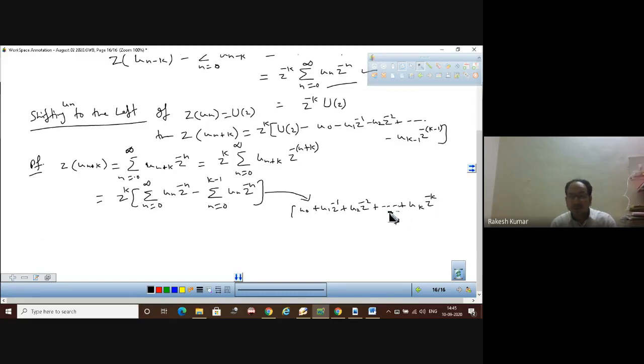This term can be written like this, and then u_(k+1) z raised to power minus of (k+1) plus so on up to infinity.